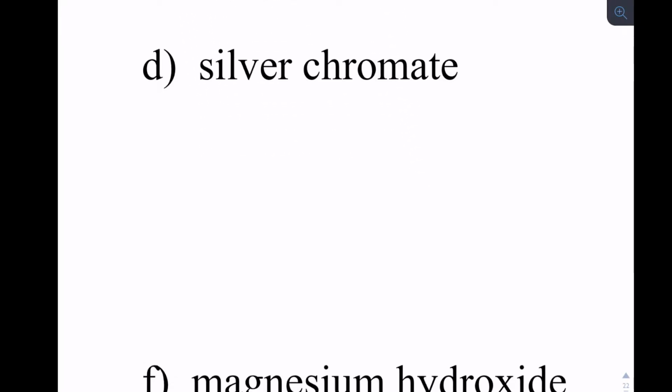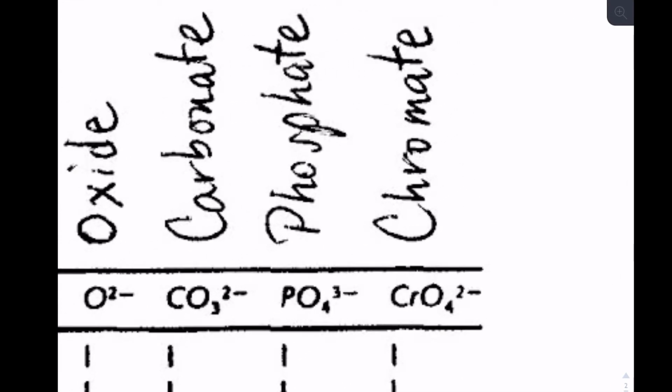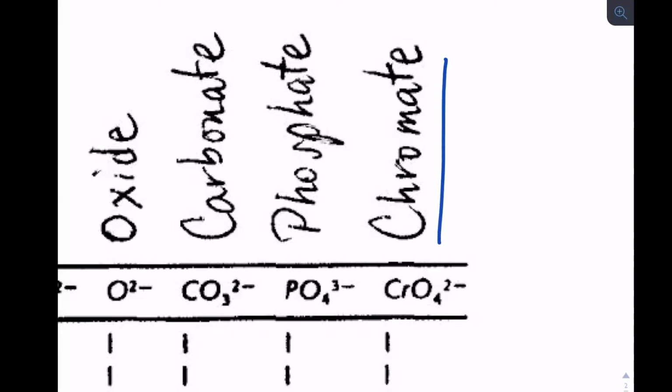Silver chromate. So silver is the element symbol Ag, and chromate, it's not chromium, it's chromate, a polyatomic ion. To find the charge and the formula for our polyatomic ion, we need to look at our periodic table. We can find chromate on the end of the chart here, and that is CrO4 2-.